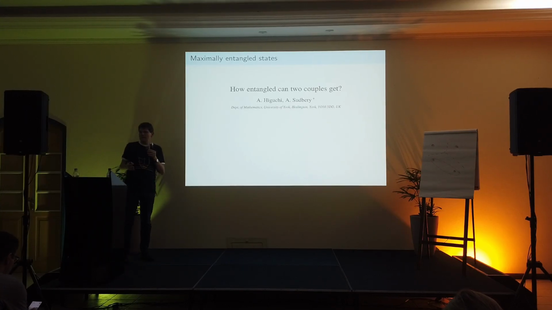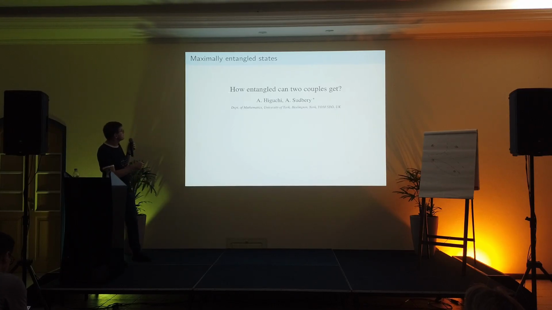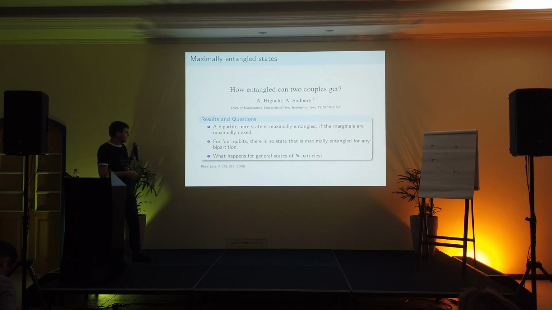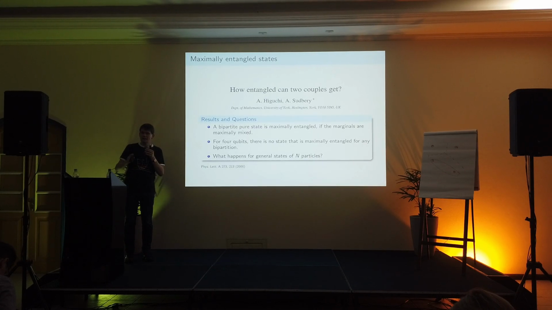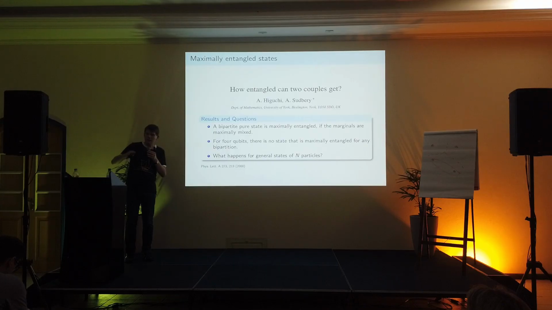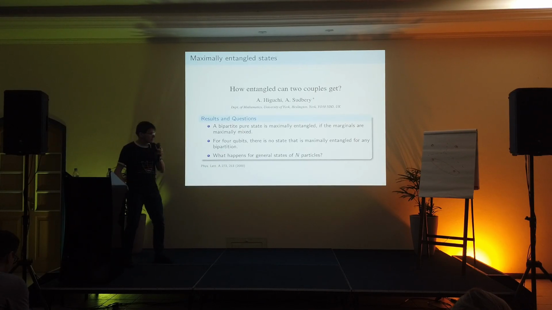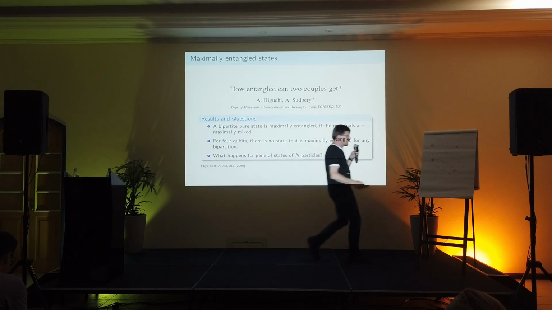Now you can ask, okay, what is maximally entangled? One can debate about it, but there's one definition that you can easily apply, and this was essentially brought forward in this paper. For bipartite states, we know that the state is maximally entangled if some of the reduced states are maximally mixed. Now the question is, can we find some multipartite state which has the same property for all bipartitions? So for instance, I have a 4-particle state, and you can use this plot here.